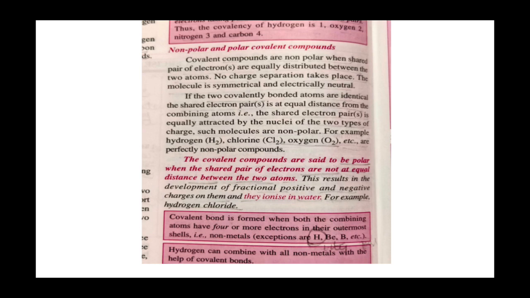Now first of all I want to speak about what electronegativity is. It is the power of an atom to attract the shared pair of electrons towards itself. That is called electronegativity.